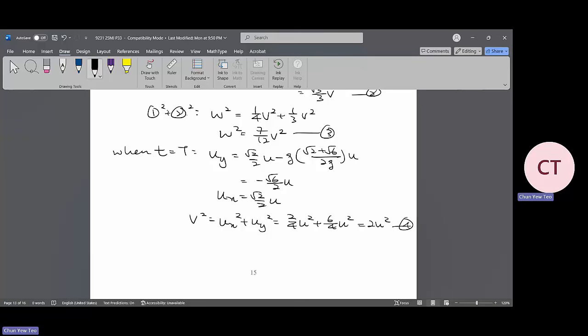So W squared is 7/12 times 2u squared, which is equal to 7/6 u squared. Therefore, your W is equal to the square root of 7/6 u. And this will be the answer for question number 7.